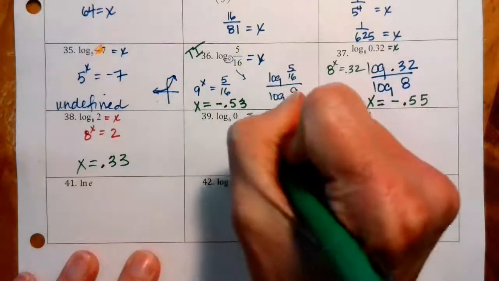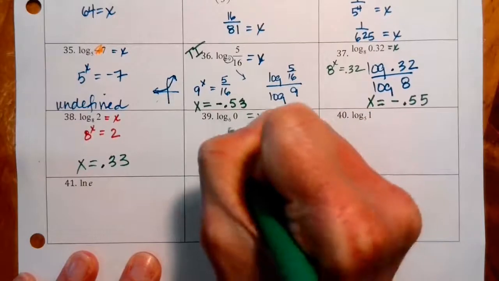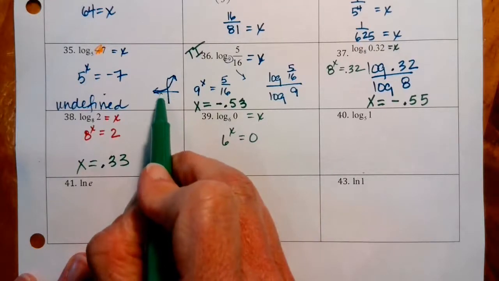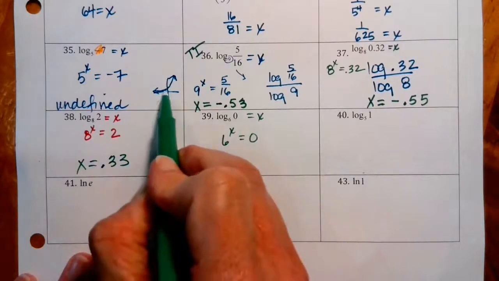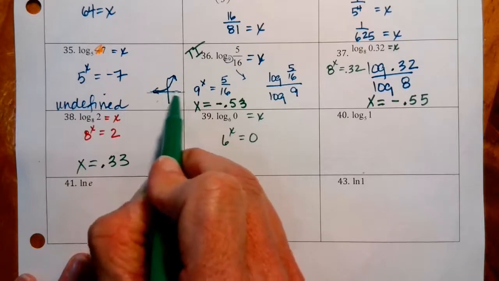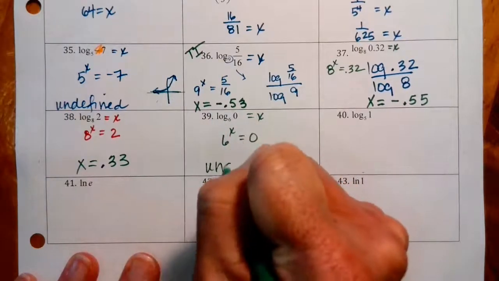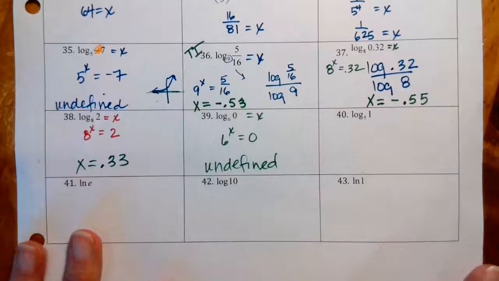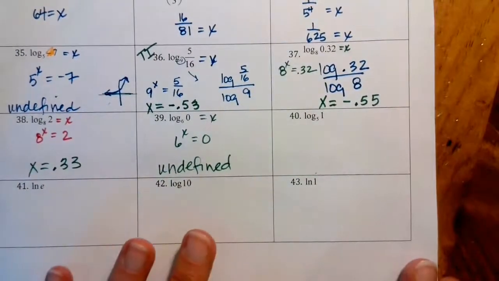All right, so if we make this x, 6 to what power is equal to 0? So we'll go back to this conversation. An exponential graph has 0 as an asymptote. It approaches it, but never reaches it. So guess what? That's another one of our undefined ones.